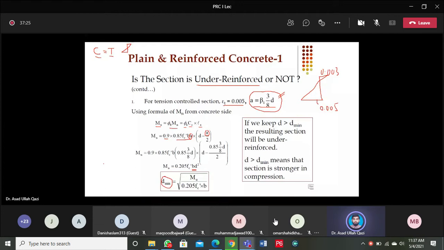I will keep d on one side and will bring the other variables to the right hand side.